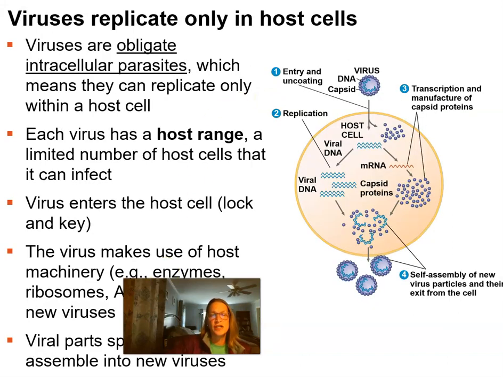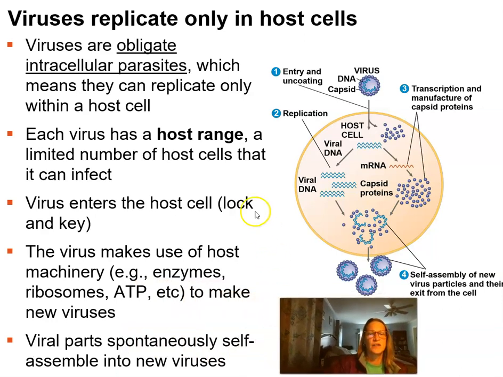So before we actually get into the nitty-gritty of that, let's talk about some more general stuff. As I mentioned in the last video, viruses require host cells for reproduction or replication. Because of that, they are called obligate intracellular parasites. Obligate means they absolutely require it. They can't do replication without this.